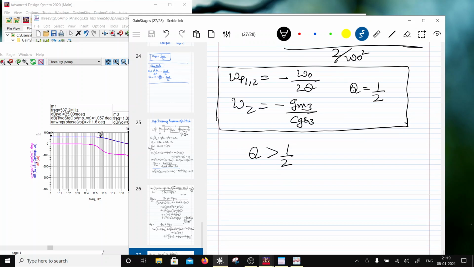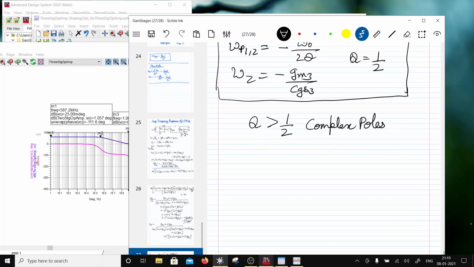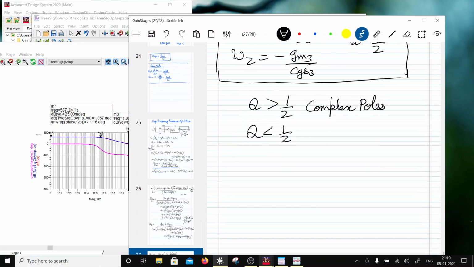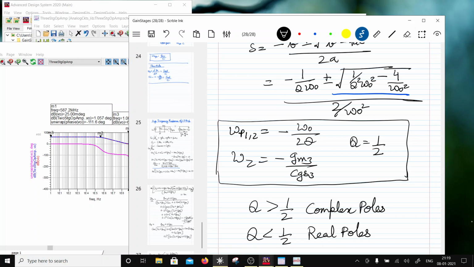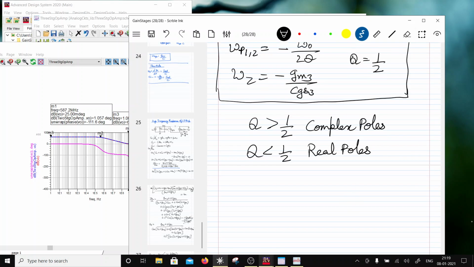So in this case you will have complex poles, so there will be a complex pole pair here. Now if Q is less than half, in that case this is going to be real, so you are going to have two real poles. It depends on the Q which side they are, but they will have two real poles.